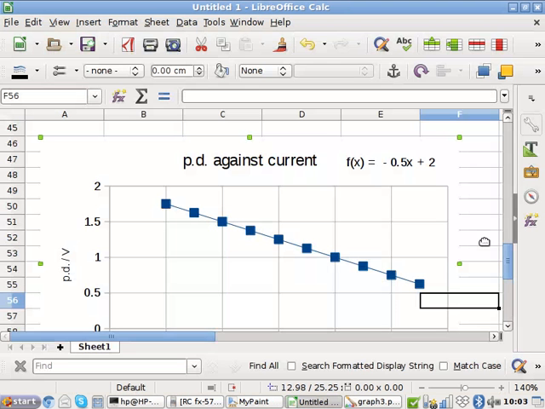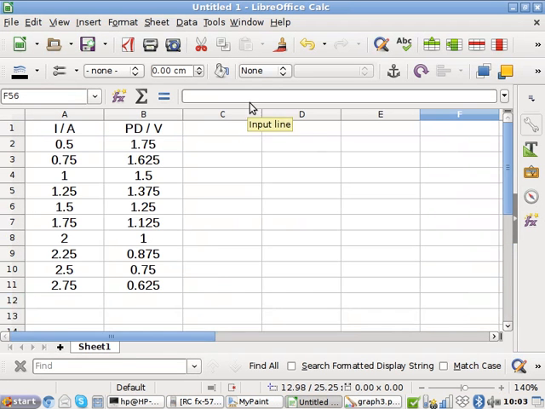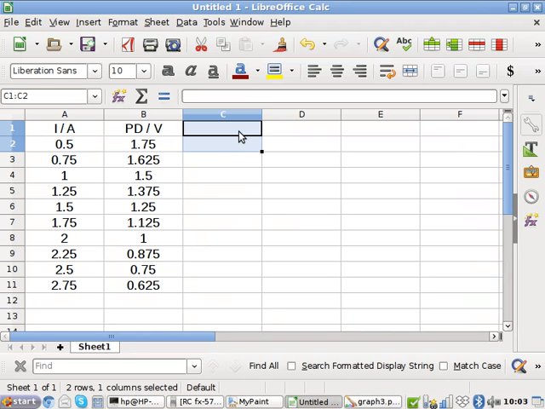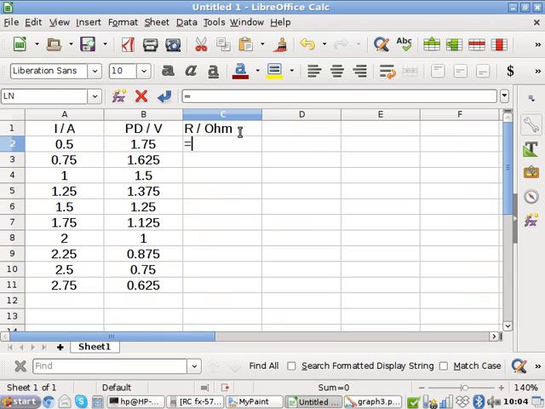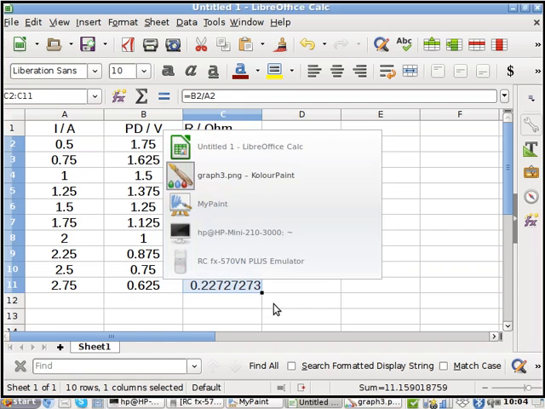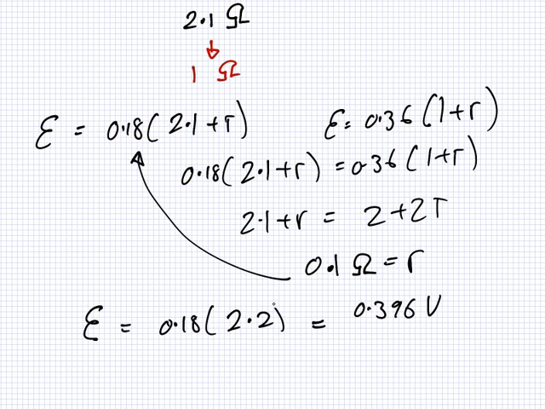Okay. Right. Let's have a look here. So how can I get the R here? V over I. Now it's all different. And the reason it's different, you know this because we did the circuit in class. You have the cell, the internal resistor, and this is in the battery pack.